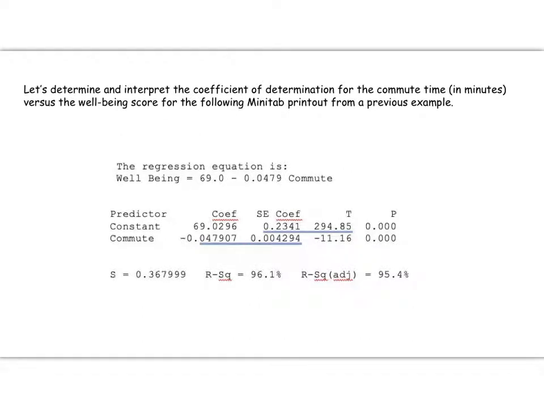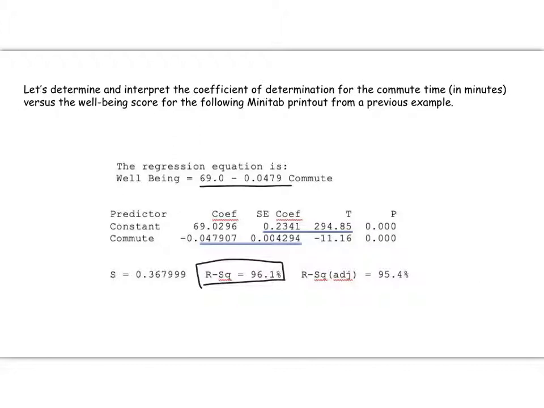So let's determine and interpret the coefficient of determination for the commute time in minutes versus the well-being score for the following printout that was done on Minitab. So here's our regression equation. Here is our R squared value.